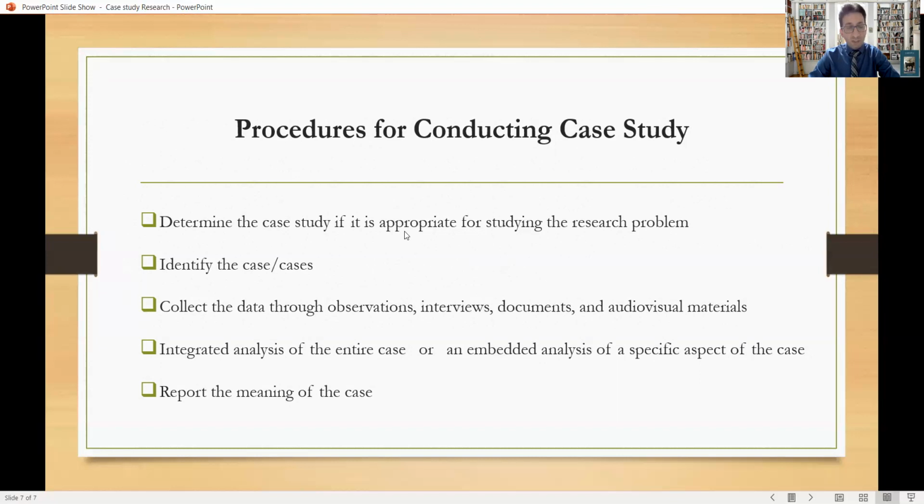Secondly, researchers identify their case or cases, then they collect the data through observation, interviews, documents, and audiovisual materials. And as the other part, integrated analysis of the entire case or an embedded analysis of specific aspects of the case. And lastly, the researcher reports the meaning of the case.